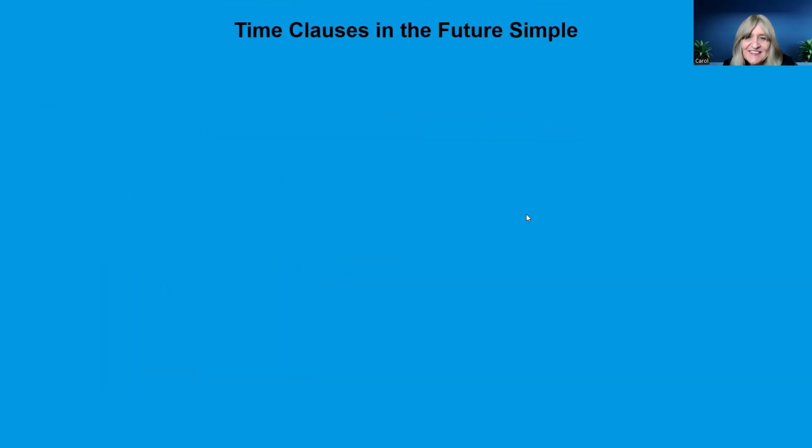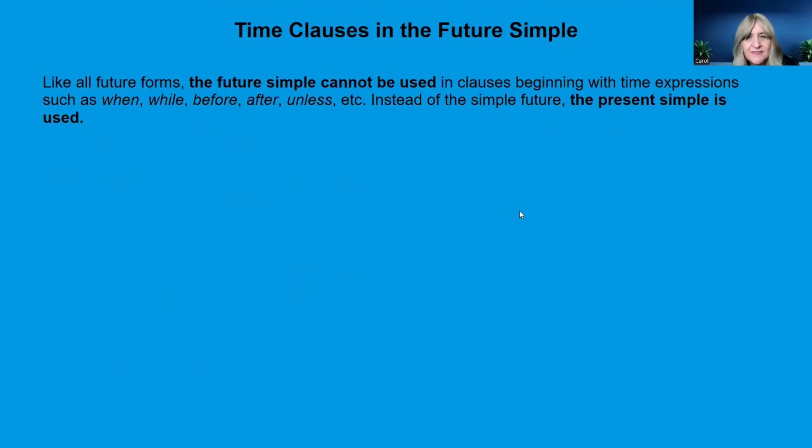Okay. So this is something very important that I'd like you to remember. This is about using time clauses in the future simple. Like all future forms, we cannot use the simple future in time clauses.